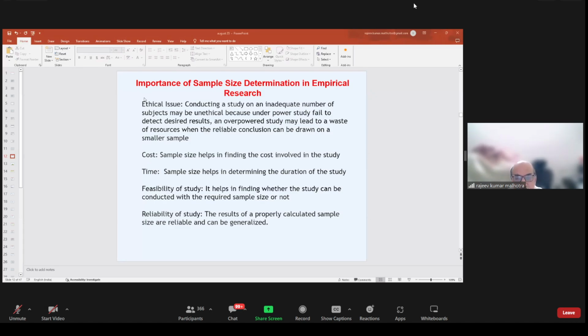Lastly is the reliability of the study. If you calculate the sample size based on a scientific method, the study can be reproducible and the results can be generalized to other studies. That is called reliability of the study.